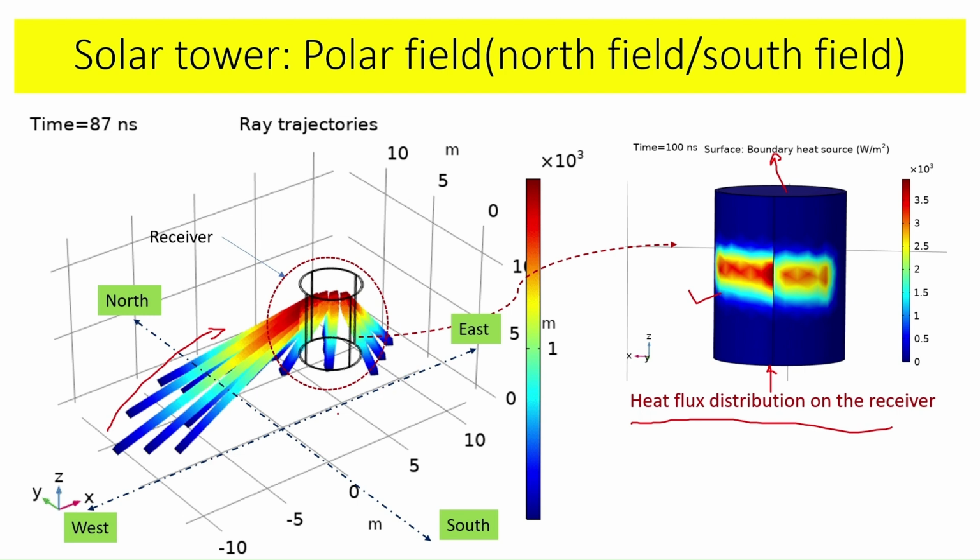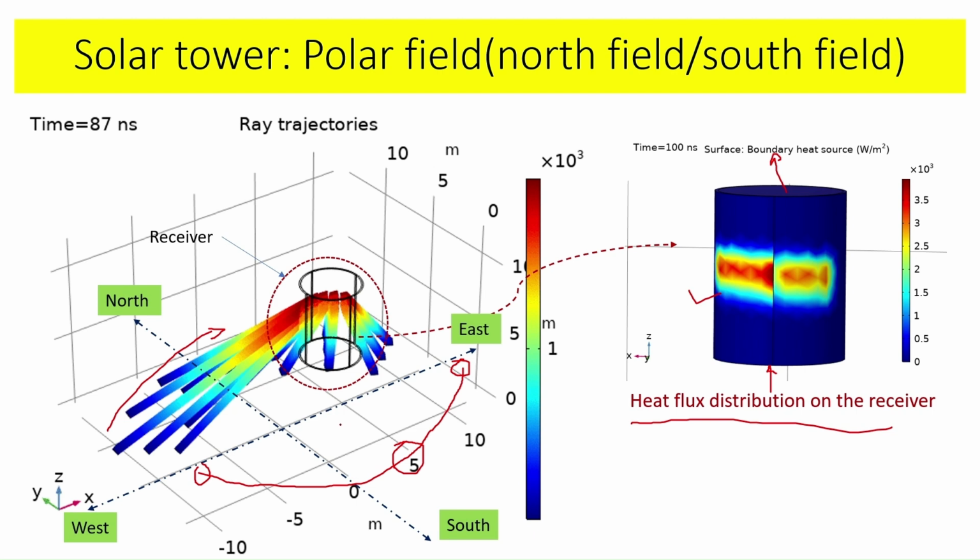Okay. Now the question is why there is only one side. So this type of field we use when we are away from the equator, right? So when we are away from the equator, say we are in the northern hemisphere, then we know that the sun rises in the east, sets in the west, and most of the time it remains in the south.